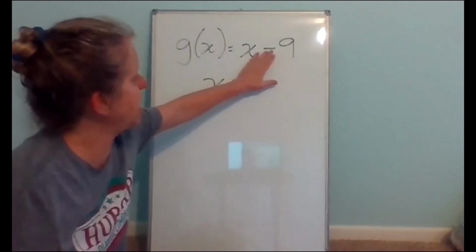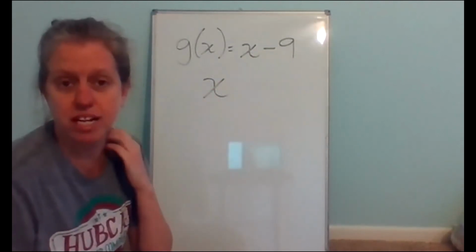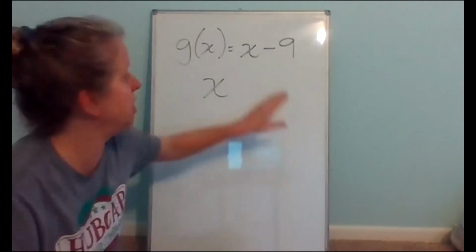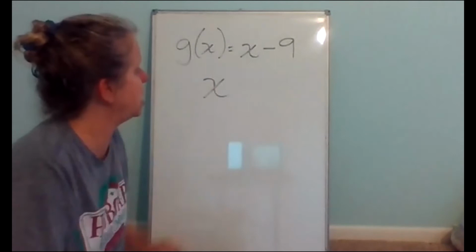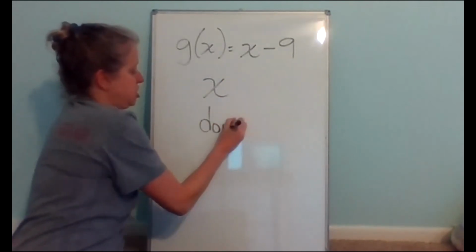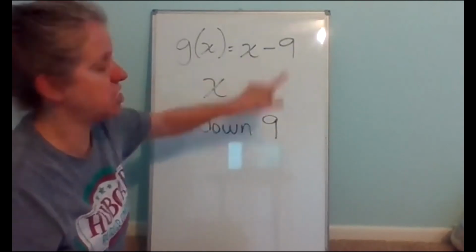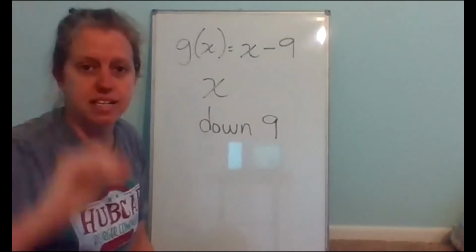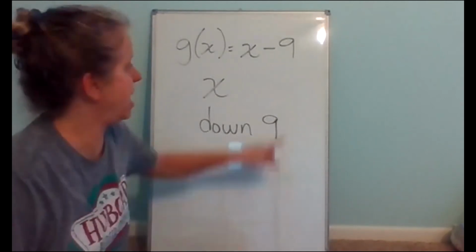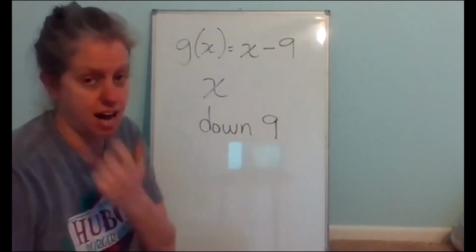This minus 9, it's not inside anything, right? If it was inside, you would see it inside some parentheses or something like that. It's not inside anything. So that's an outside number, which means the graph of x is going to be shifted down 9, because outside numbers shift you up and down, and you go with the sign. So since that's minus 9, I'm going down 9.